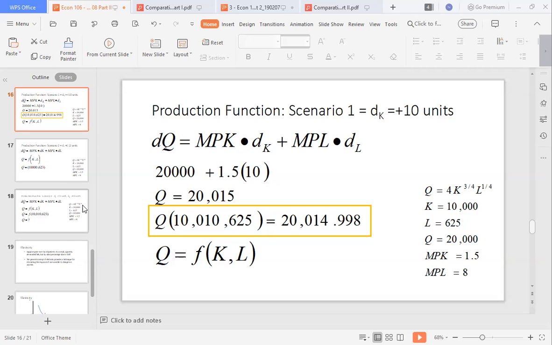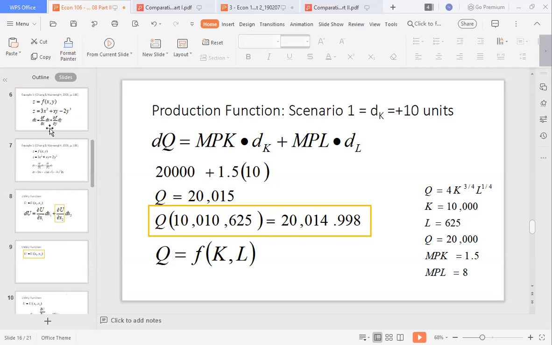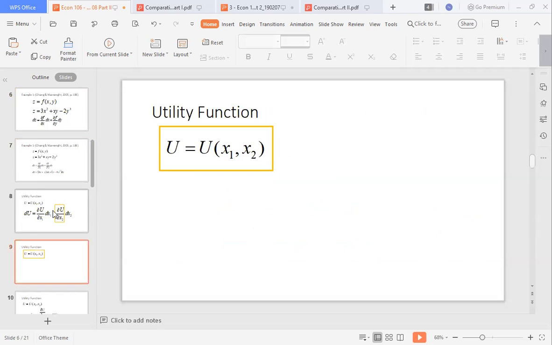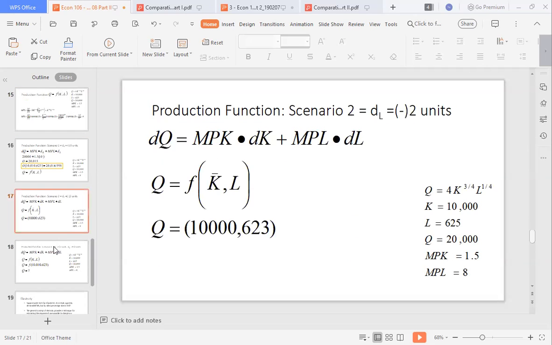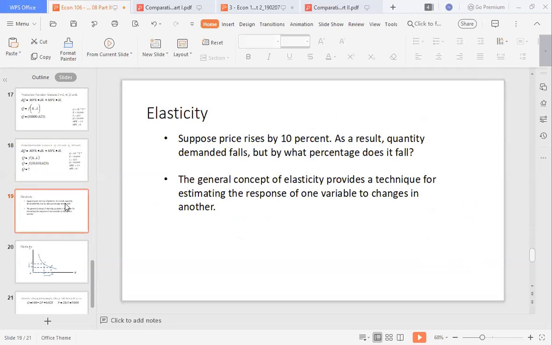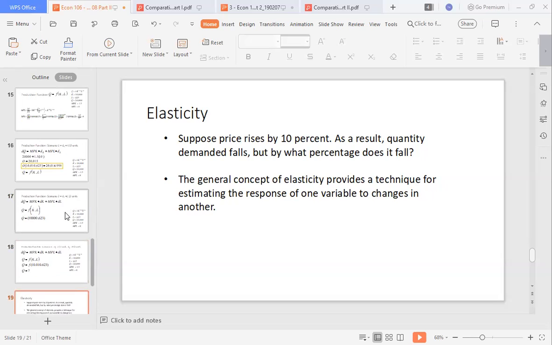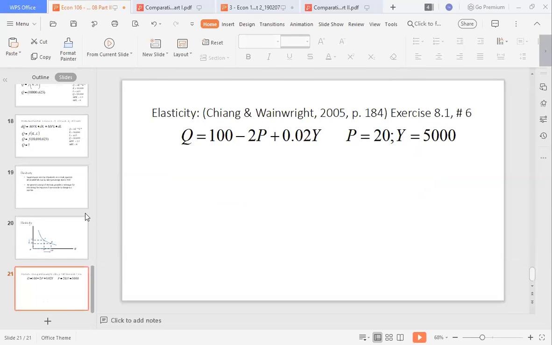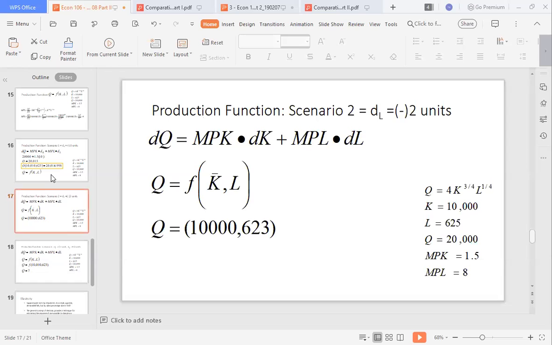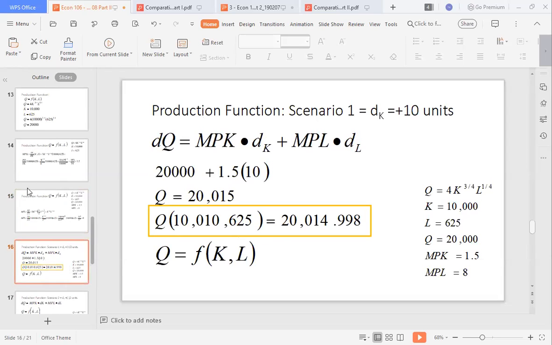Again, this is just the same with this one here. You can complete this one later on your free time. If there are other questions, class, before we call it a day, we'll tackle elasticity later. Clarifications before I go?